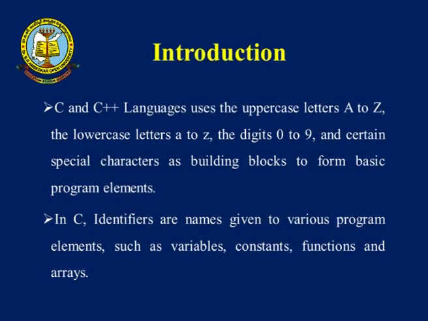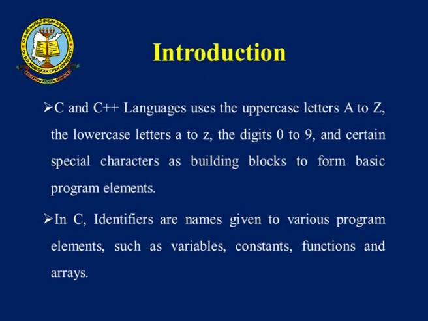Then, as a first step of learning this subject, we have to learn the alphabets of that programming language. In the process of learning the alphabets, we are first identifying the C tokens. First, C language uses simple English letters, both uppercase letters A to Z and lowercase letters a to z.